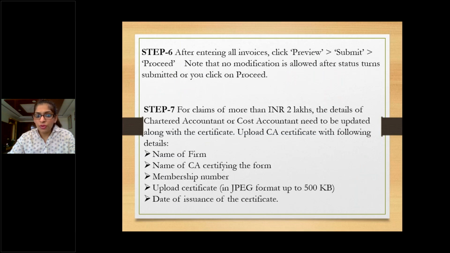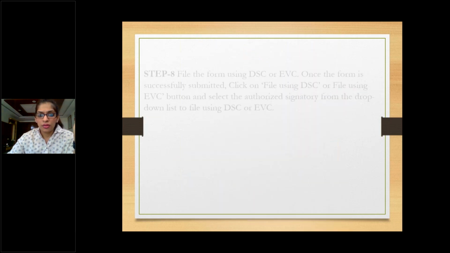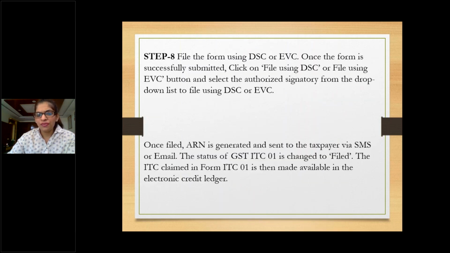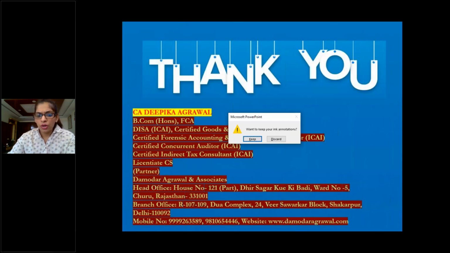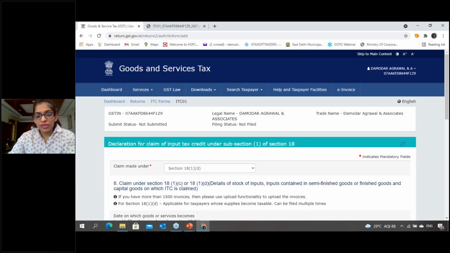Then you go ahead, preview, submit. If your claim is more than INR 2 lakhs, then you have to upload a CA certificate as well. Again the filing is the same: you need to apply your DSC or your EVC code and you will be able to file it.